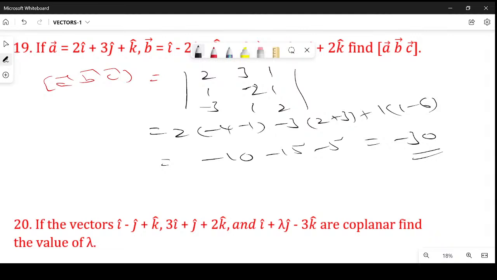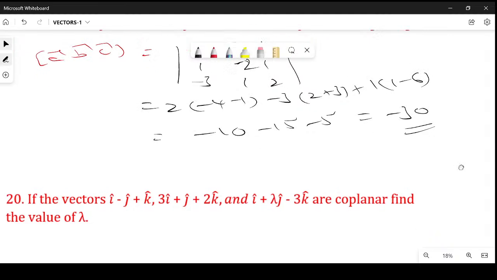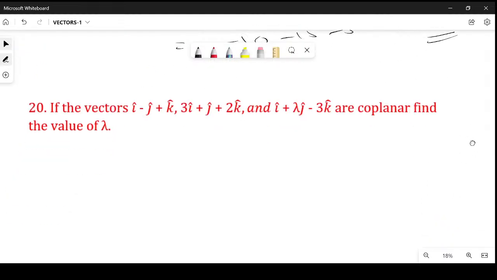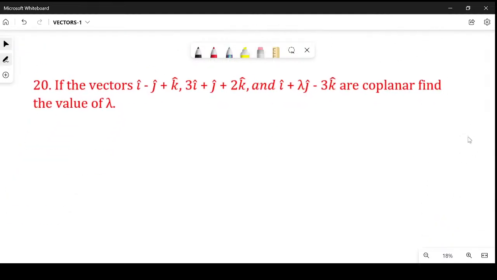See, if the vectors are coplanar, find the value of lambda. The last one I am saying here. After other problems I have given a model, you can do that. If the vectors are coplanar, find the value of lambda. These vectors are coplanar means again the scalar triple product equals 0, same concept.